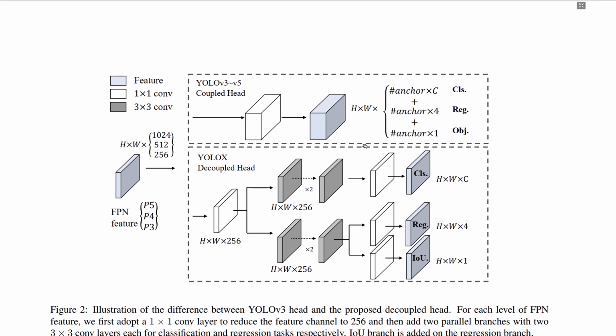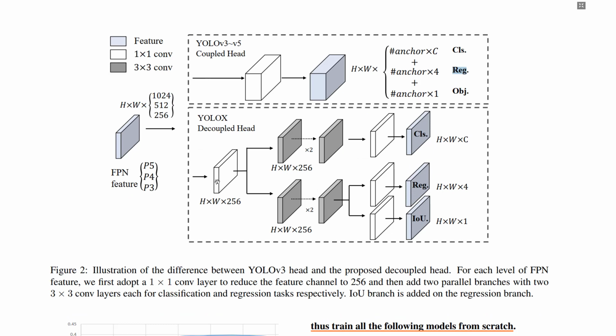The problem with this way of representing the output is that the classification and localization tasks compete with each other, as the model is struggling to at the same time correctly classify and correctly localize each and every object. Because of this problem, the decoupled head is used in the YOLOX model, where the input head right here has been split up into 2 main sections.